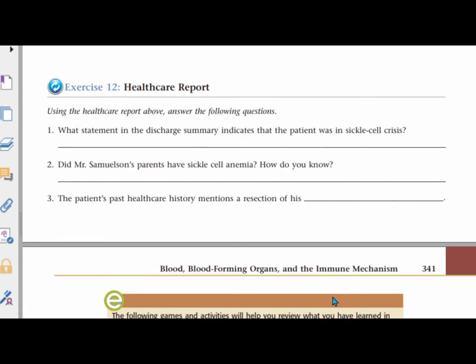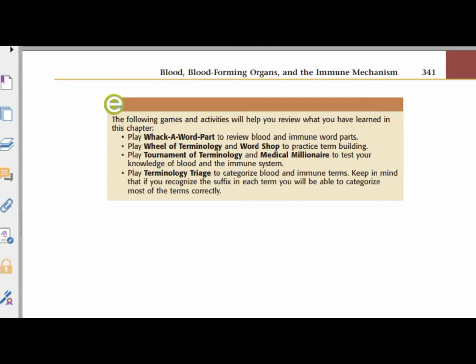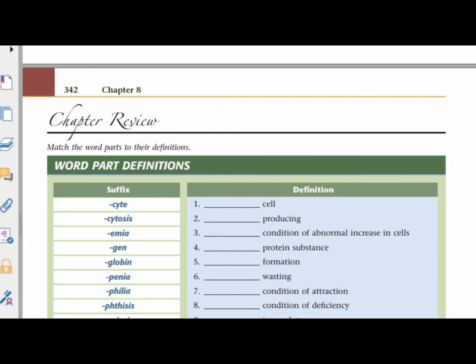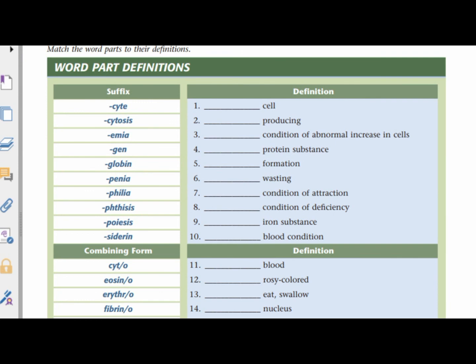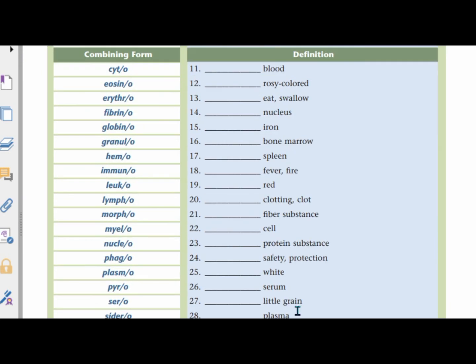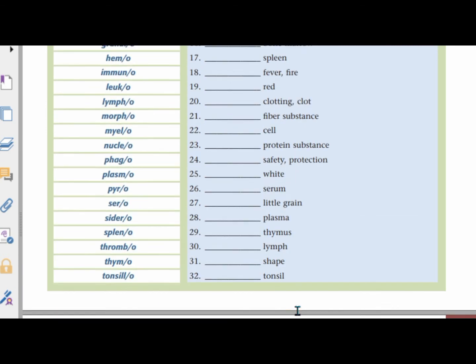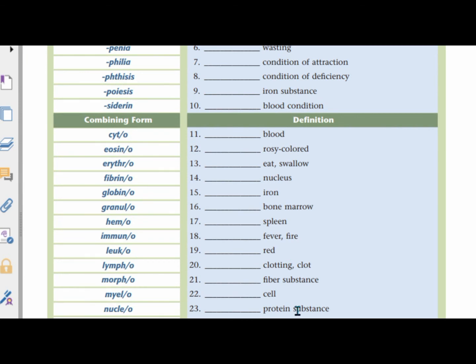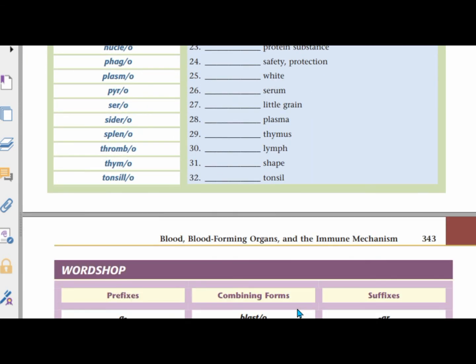So, appendix. Inana na siya magtanaw sa chart, no? Magbasa, i-interpret. So, yun yung tanaw ron, no? So, these are the basic word part definitions in word shop.